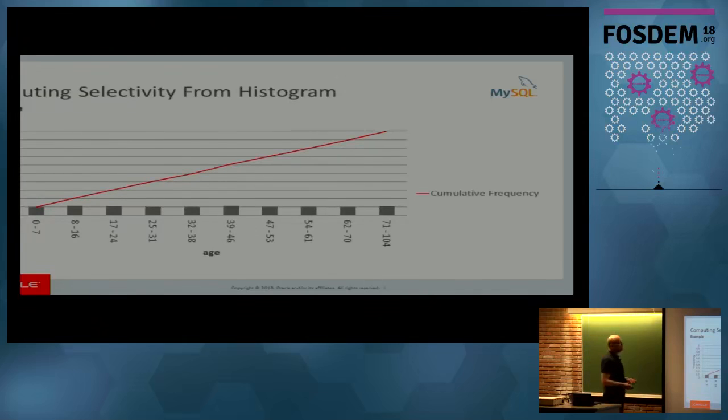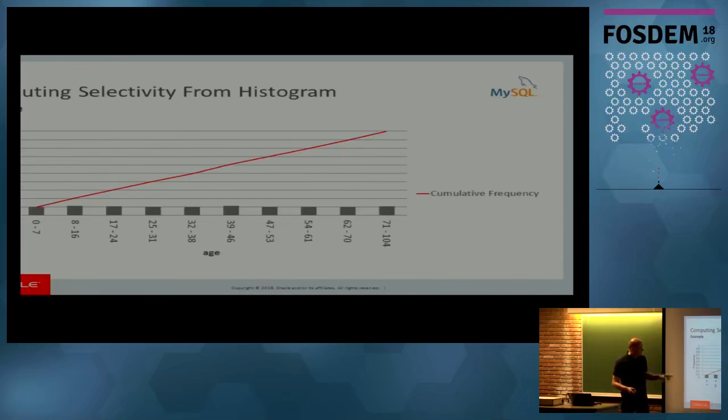Here's an example of how we use histograms. This is still an age column, and in this case it's not employees but the entire population. So you see there's an equi-height histogram because you have 10 buckets, and it's around 10% in each of the buckets.